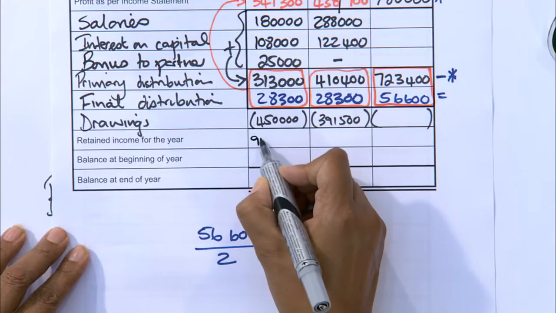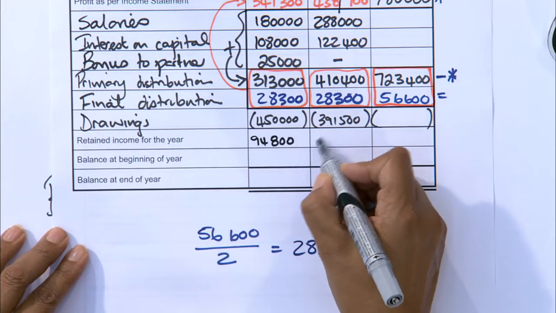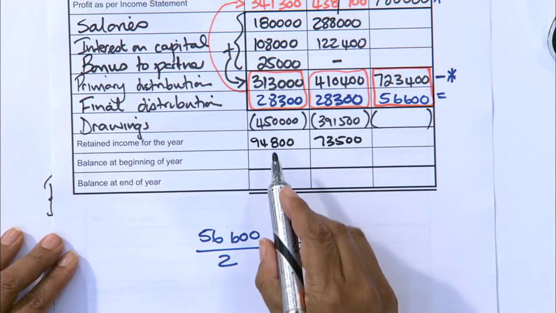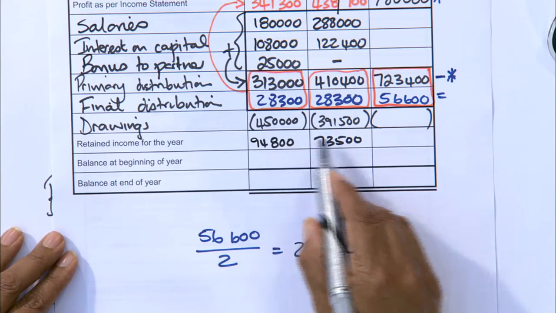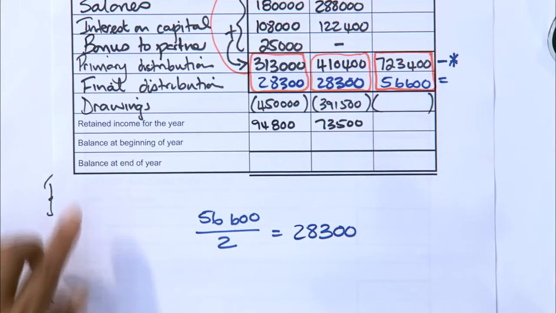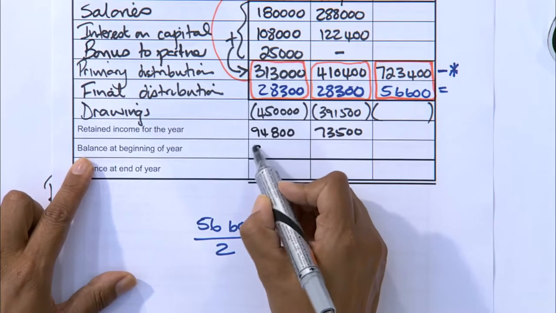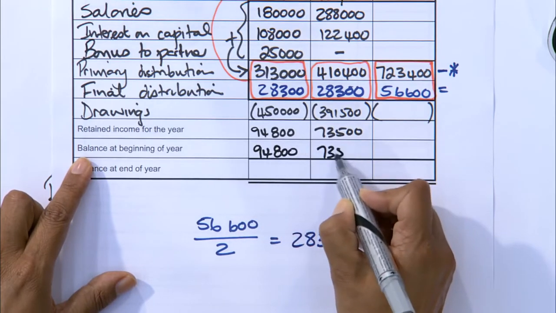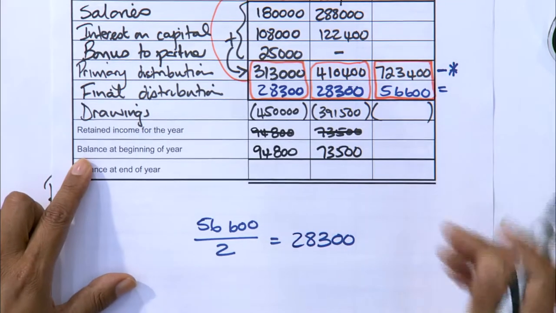Now, these amounts can be debits or credits. I can see that these are credit balances because they are not negatives, but we can talk about that at some other point. Sorry, I put it in the wrong place. 94,800, my apologies, and 73,500. Now I'm going to have to scratch that out, unfortunately, because I put it in the wrong place.